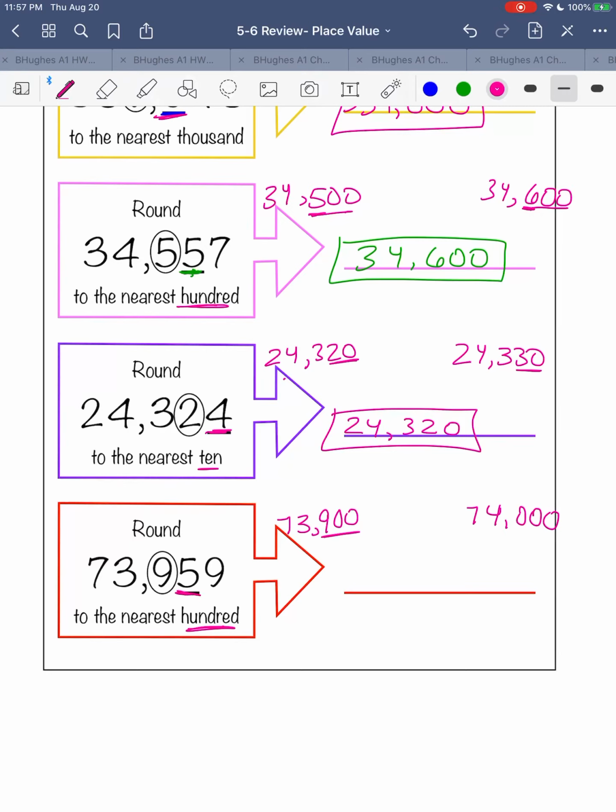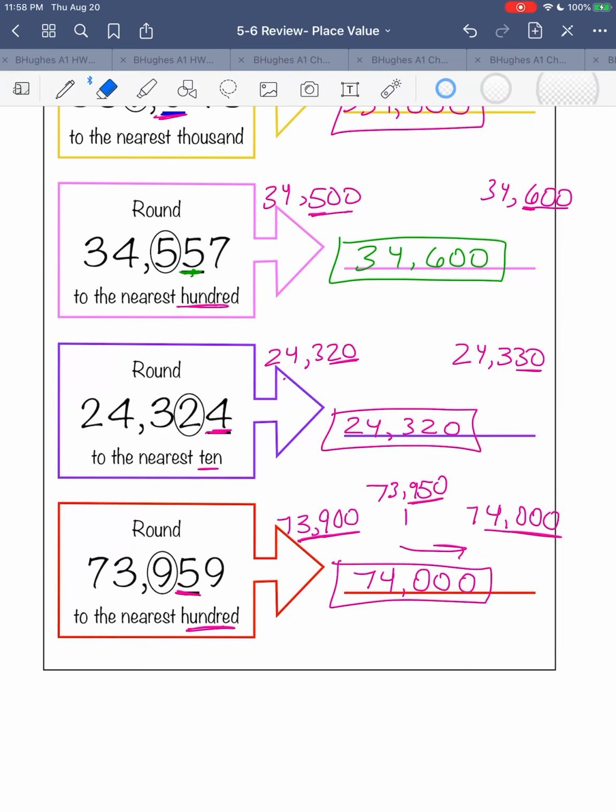So now I'm going to look at the tens place, and I'm going to say to myself, what's halfway between 900 and the next 1,000, or 3,900 and 4,000? Well, that would be 3,950. 73,950. So if there's a 5, now if it was just 950, if it was just a 5, we would still round up even then. So if there's a 5 or higher, it is going to be over here, and this is actually a little bit past 950 anyway. So this is going to round up to 74,000.